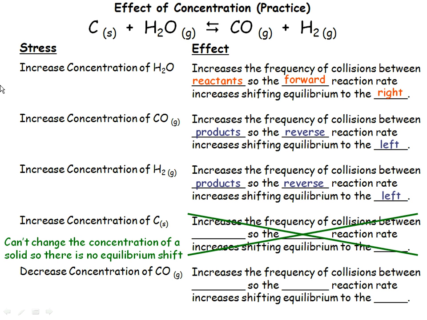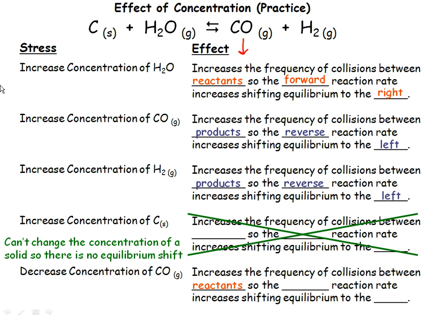Now the last one here is about decreasing something, and remember Le Chatelier's principle. Anytime you increase the concentration of something, the reaction will shift away from whatever you increase, and it'll shift towards whatever you decrease. So if I'm going to decrease the concentration of carbon monoxide, that's not going to increase the frequency of collisions between the products, but it's going to make those reactants have a much easier time finding each other, because you have less products for those reactants to collide into and have no reaction with.